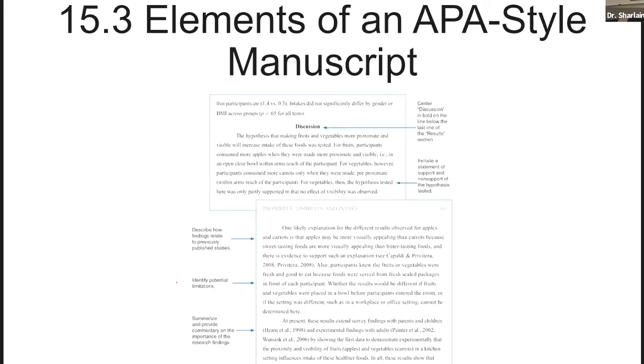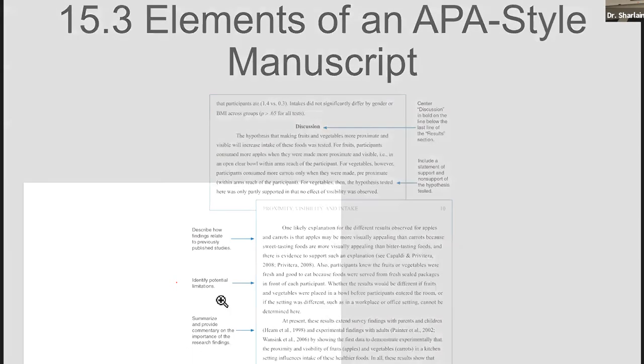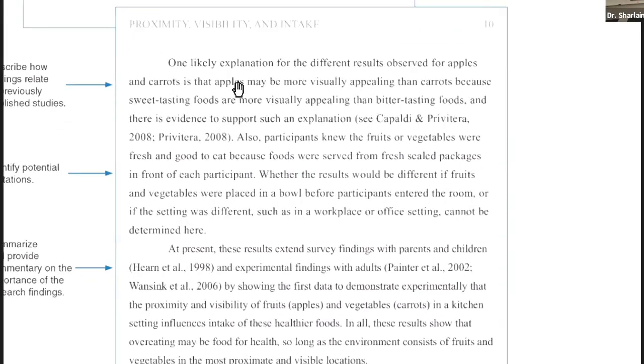So here is an illustration of the discussion, and I like to point this out here. Notice that the individual is using general language when explaining the likely explanation of those results. The person is not saying, this is exactly why I found these results. Absolutely not.